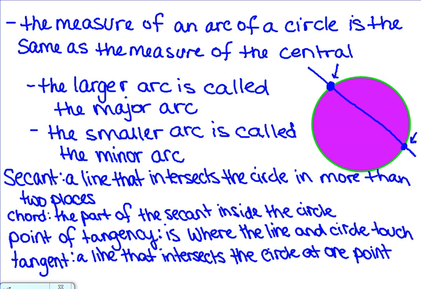A line that is tangent would look something like this. If I had a line coming down here that intersects the circle at this point and touches the circle, it is tangent to that circle. Oftentimes secants are the lines that go through the circle, and tangents are the lines that go outside of the circle at some point. So know the difference between a tangent and a secant and be familiar with the terms chord and point of tangency.